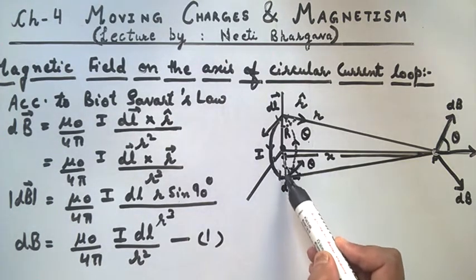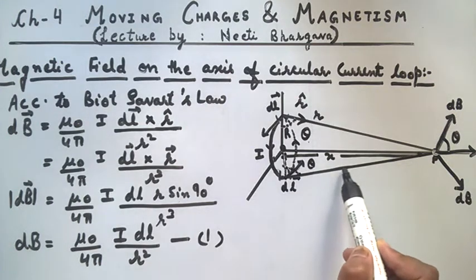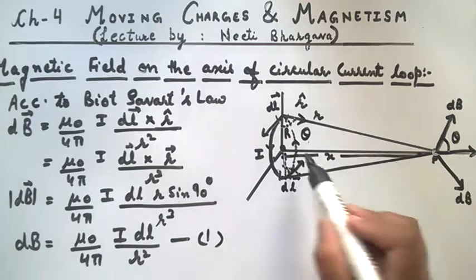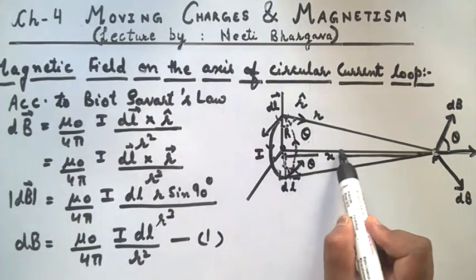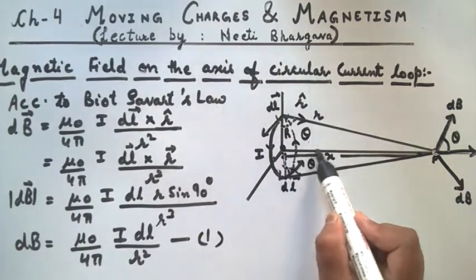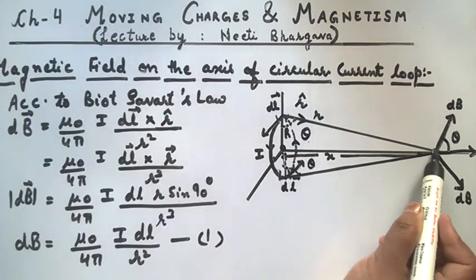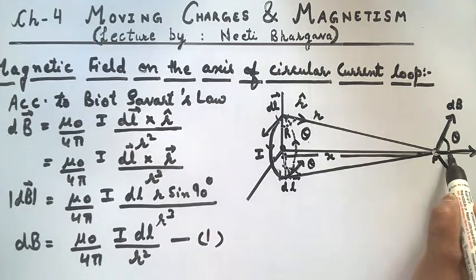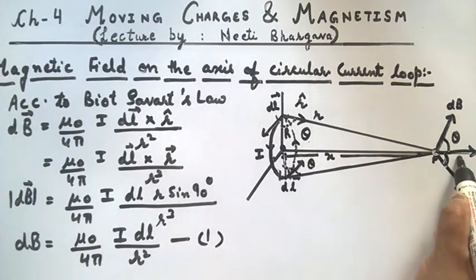Here this is the radius, and similarly this line segment is perpendicular to this one. So these are two perpendiculars which are making the same angle, which is equal to theta.